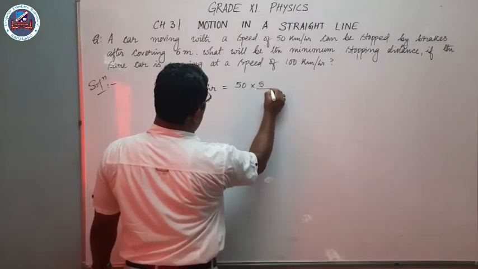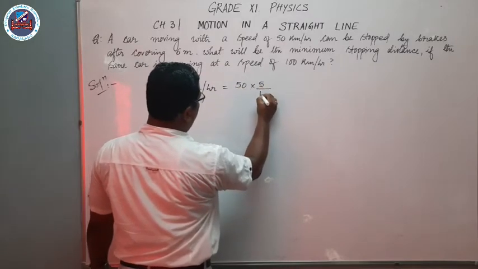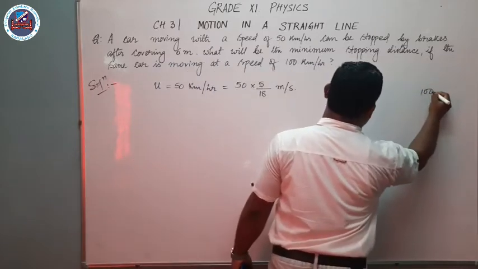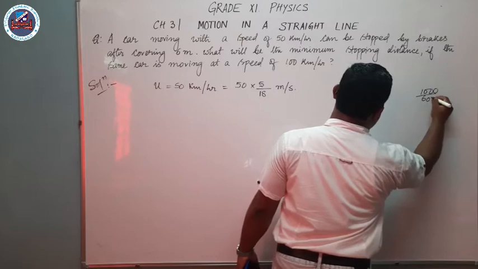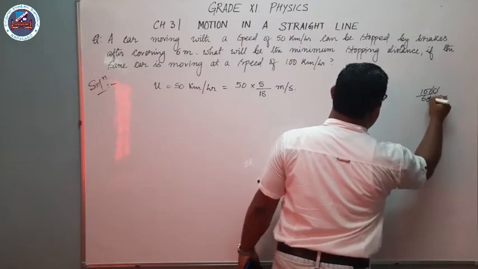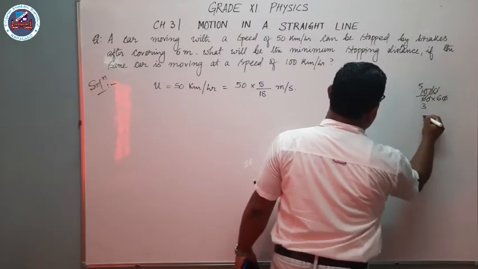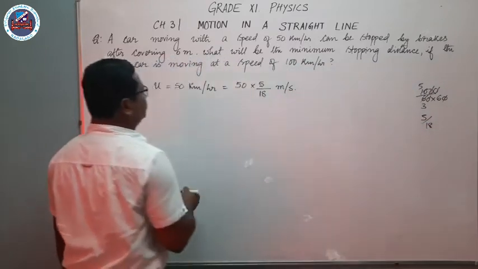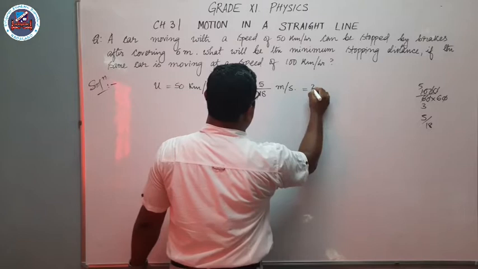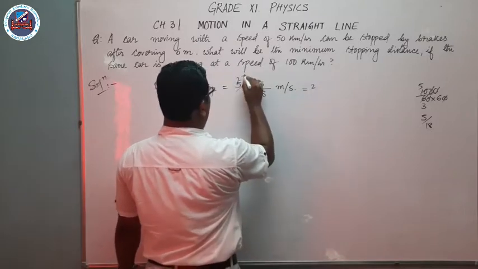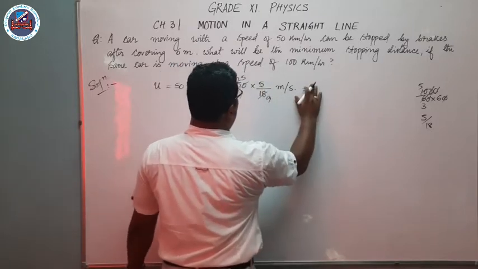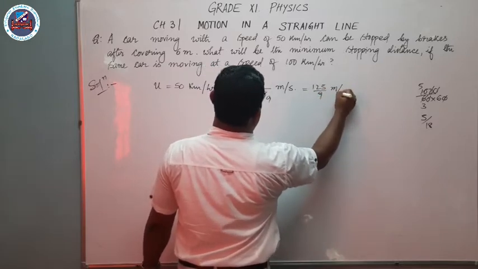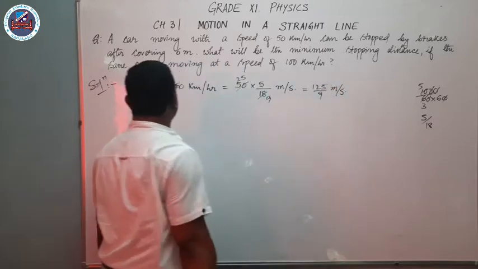If you multiply by 5 by 18, it will become meters per second, because 1000 divided by 60 into 60 is 5 by 18. That's why I'm multiplying by 5 by 18. So it will become 125 divided by 9 meters per second.